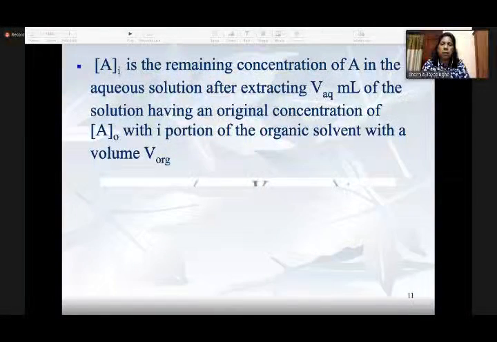This equation has been deleted. What happened?